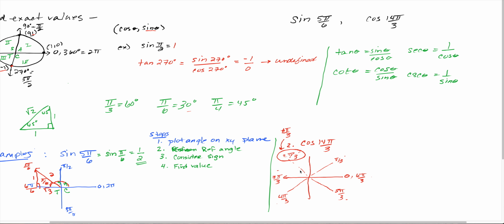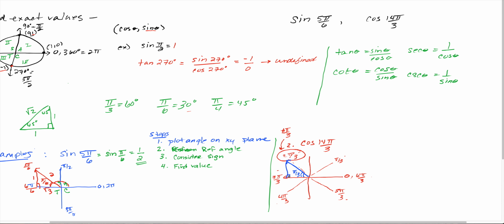So my reference angle, remember, is the angle made with the terminal side of that angle. So we know that this is 14 pi over 3, we can draw right here. The reference angle is made with the x-axis, and the reference angle is going to have that same denominator. So the reference angle will be pi over 3.